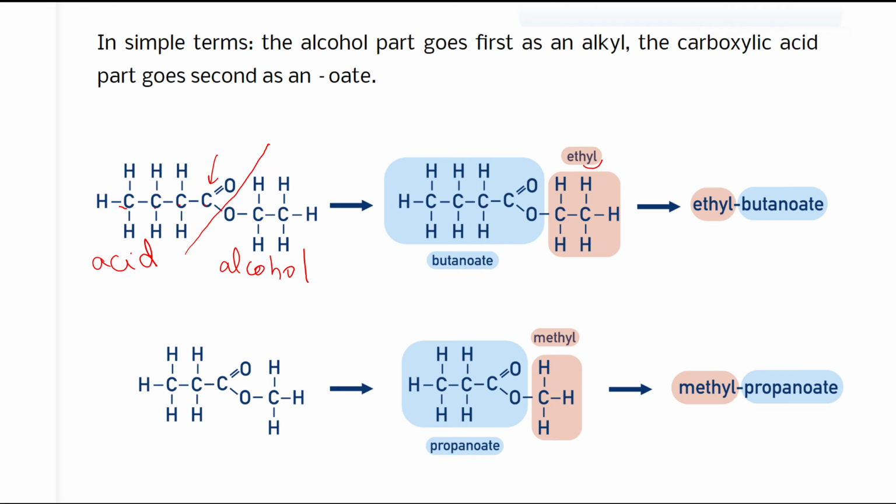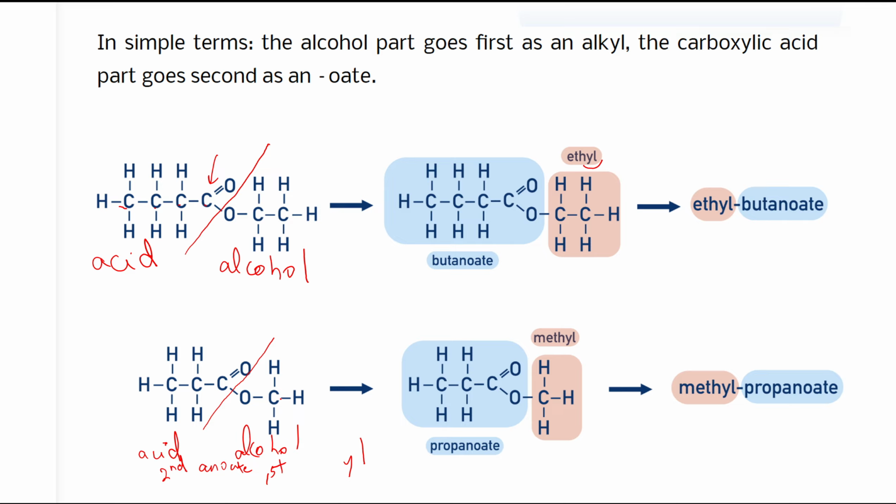Let us look at this one. Again, I'll do the same technique. I split in the middle of the ester linkage. The part with the O is the alcohol part, which comes first. The part of the C double bond O is the acid, which comes second. The part of the alcohol ends in "-yl". The part of the acid ends in "-anoate".